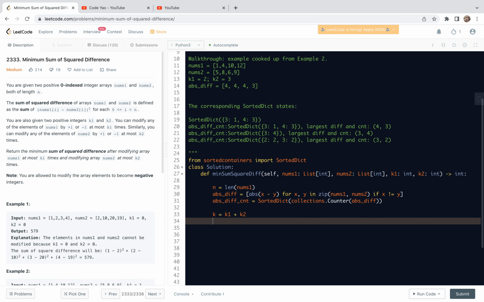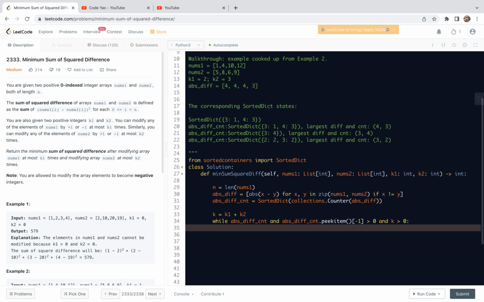So next we're going to do the actual work. So basically it's a while loop, while abs_diff_count is not empty, and we want to pick the element. So we want to see if the frequency is greater than 0, and also we want to make sure we have available operations. So if this was the case, first I'm going to get the absolute difference and its count.